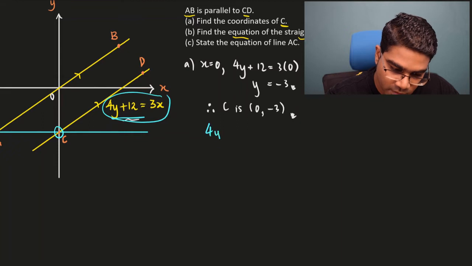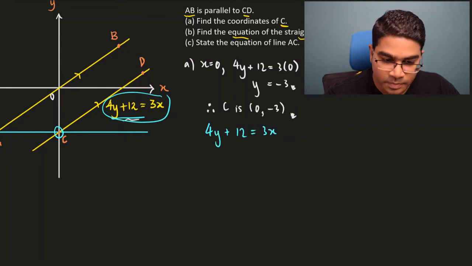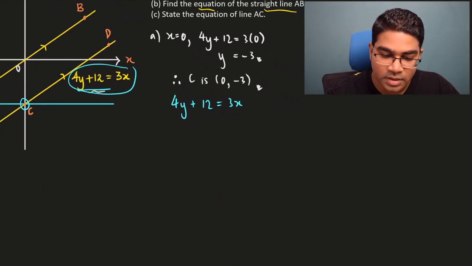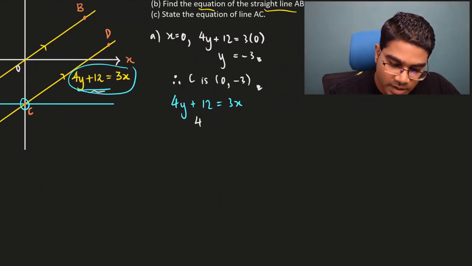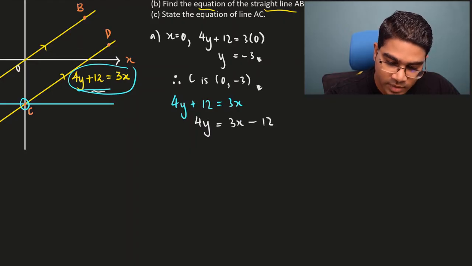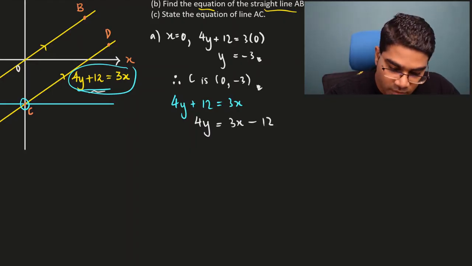So let's start with 4y plus 12 equals 3x. Now all I want to do is rearrange this. So we will get 4y equals 3x minus 12. Divide the whole equation by 4, we get y equals 3 over 4 x minus 3.